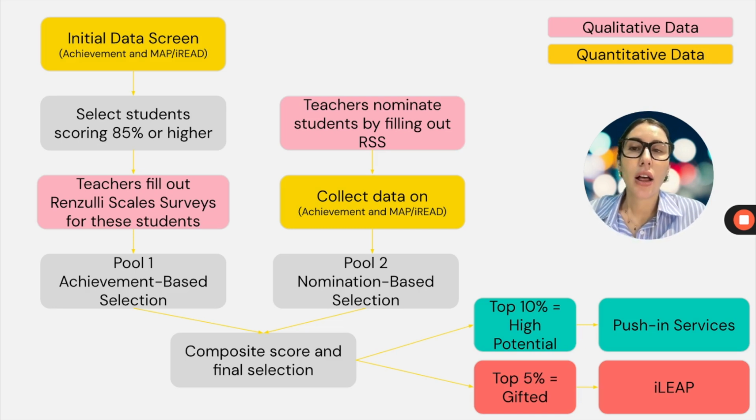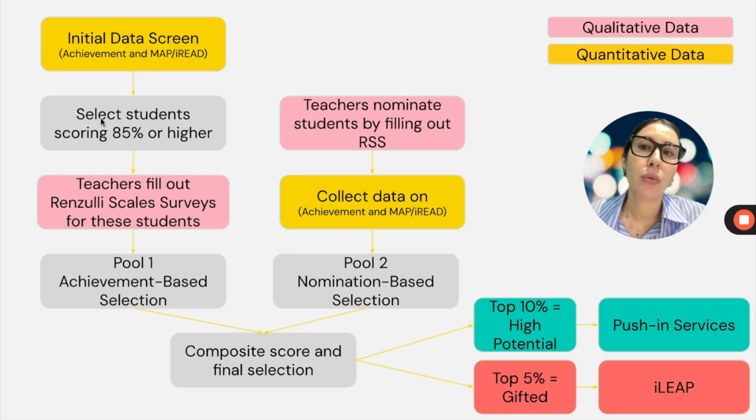The first thing that we do is begin with an initial data screen. We will be doing a full data screen of all the students in middle and high school. We're going to be looking at things like in-class GPA or in-class achievement, as well as standardized testing data, so things like MAP scores, iRead scores, whatever standardized testing data we have on file.